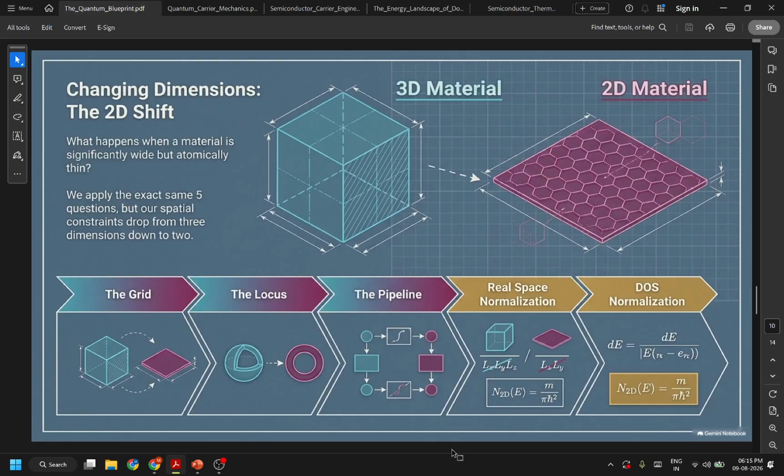When we calculate this, we get n of E equal to m over π ħ². So you can see here that it does not depend on energy. So in 2 dimensions, the density of states is constant for a particular band of energy.